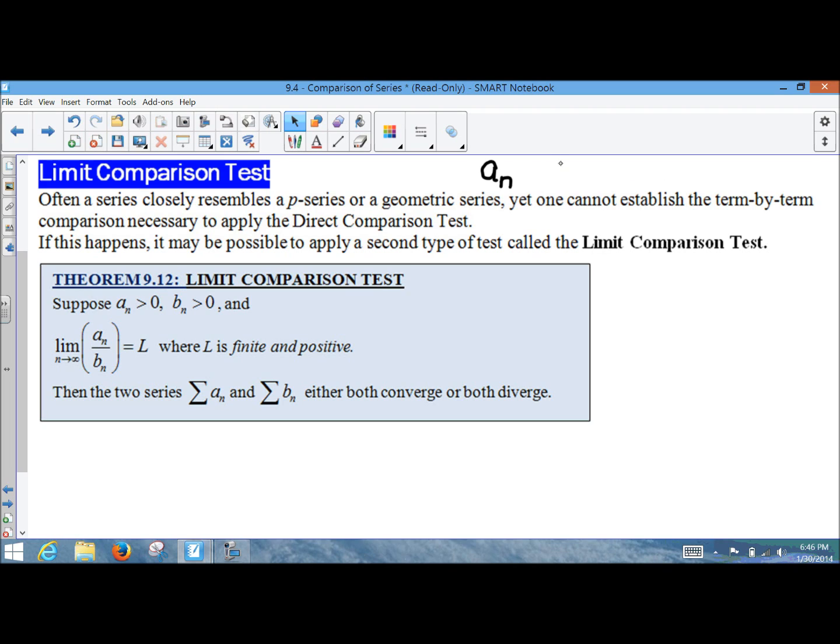Well, what you have to do is come up with your own nth term expression that I will call b sub n, and maybe that b sub n happens to be greater than or equal to the a sub n for a certain number of terms, or perhaps that b sub n is less than or equal to the a sub n. A lot of it just depends on what you're trying to establish with your direct comparison test. And in the case of my students, I use the analogy of the airplanes.